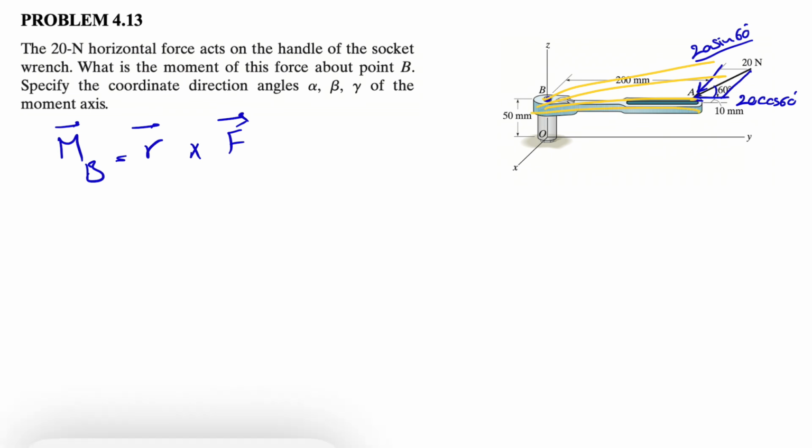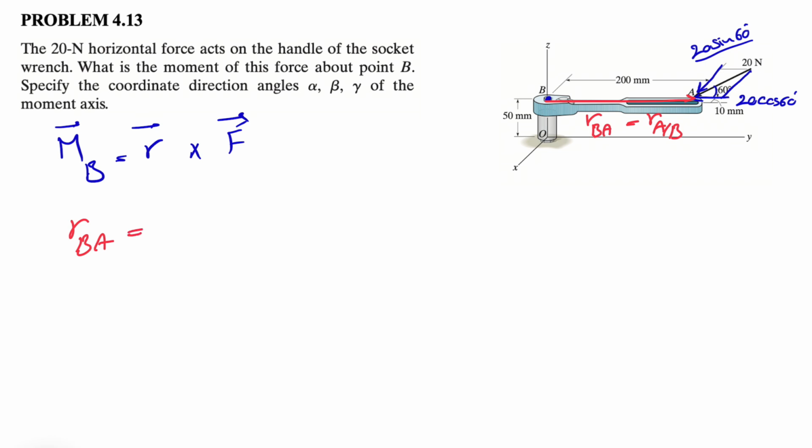But since we can find the coordinates of A pretty easily, we're going to call our R this vector. We can show it either as RBA or R of A with respect to B. Both work. So let's find RBA.